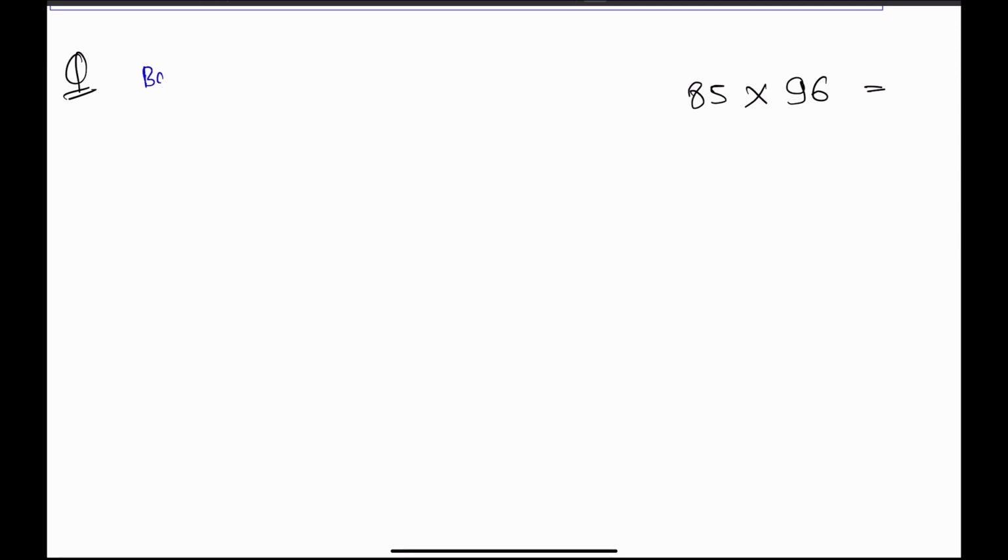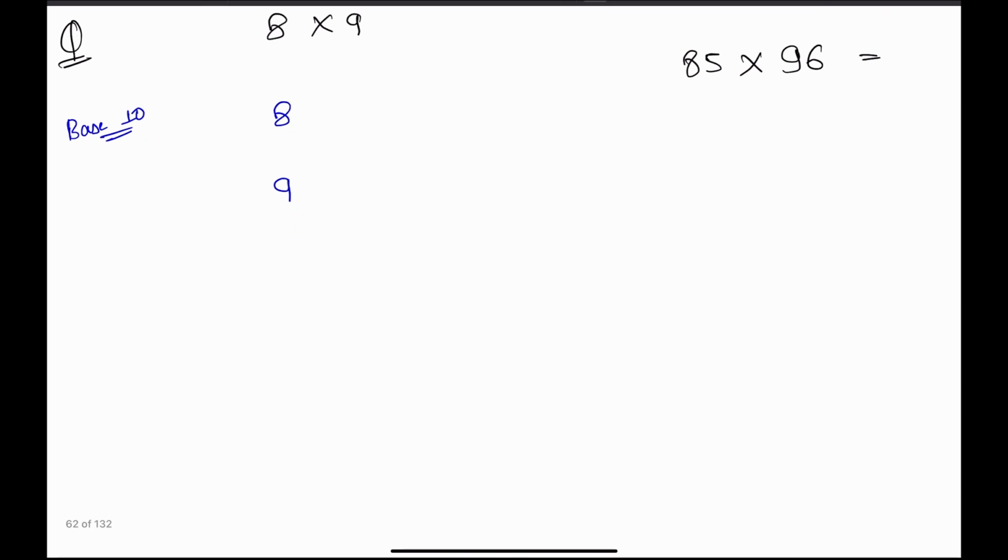If we take a question related to base 10, that would be something like 8 into 9. That is a common question. So how are we going to do this? We will write 8 into 9, and then we write how much less or how much more each is from our base. As of now we will just go step by step.